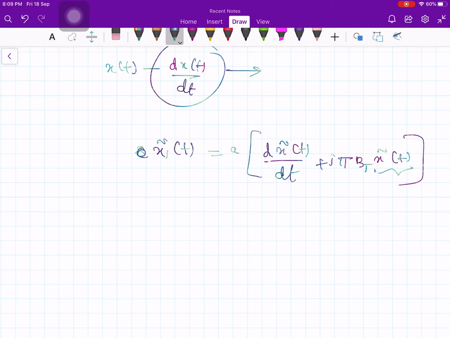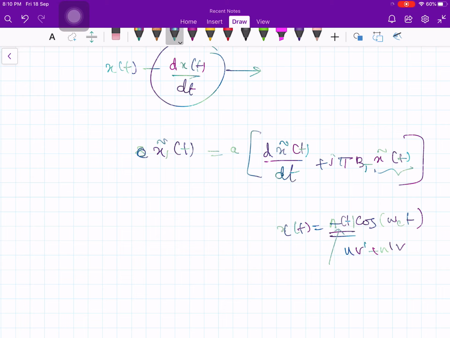If you take cos omega ct and a of t, where the magnitude is varying, and let's say this is my x of t, then if you take the derivative you have to take uv dash plus u dash v. Even though the amplitude is varying very little, the moment you take the derivative it becomes very large.